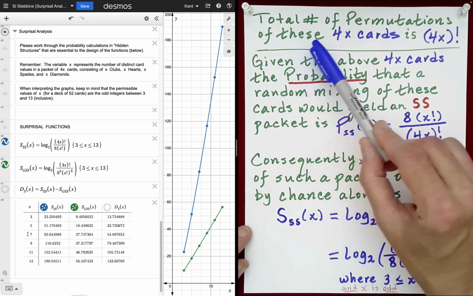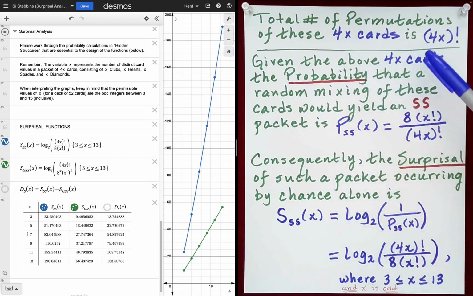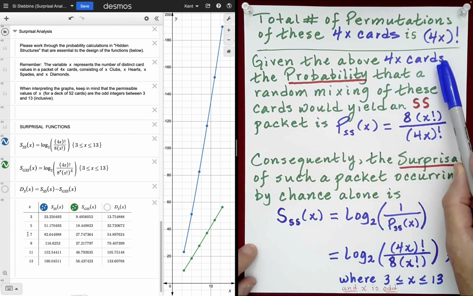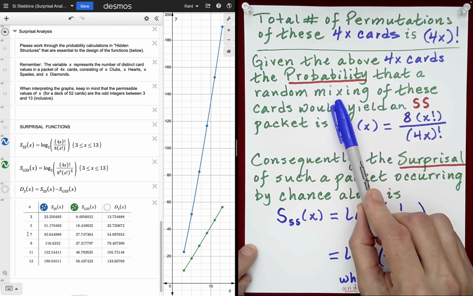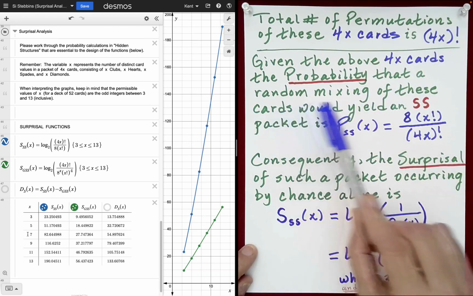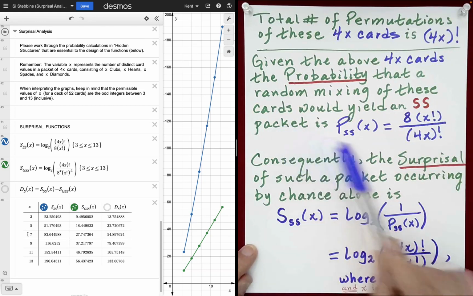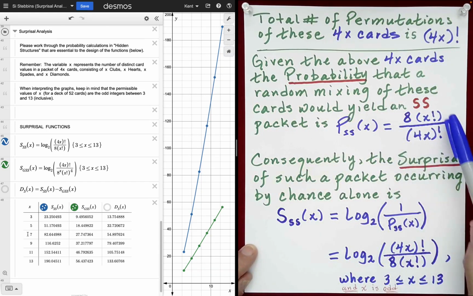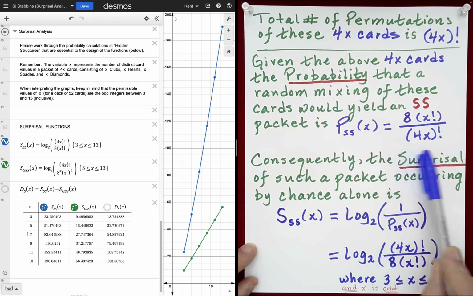Moreover, the total number of permutations of these 4x cards is the quantity 4x factorial. Given the above 4x cards, therefore, the probability that a random mixing of these cards would yield an SS packet structure is the total number of SS packets divided by the total number of permutations of those cards.